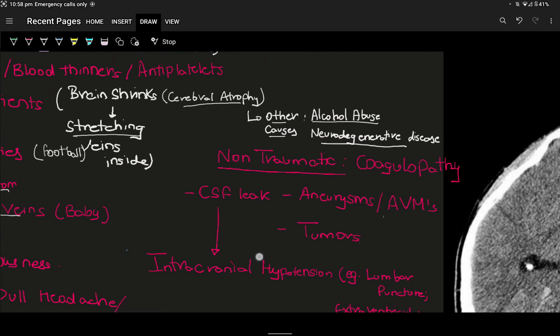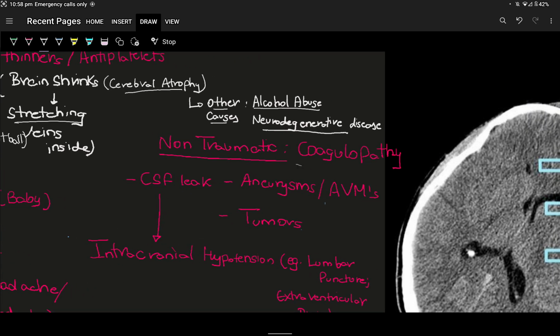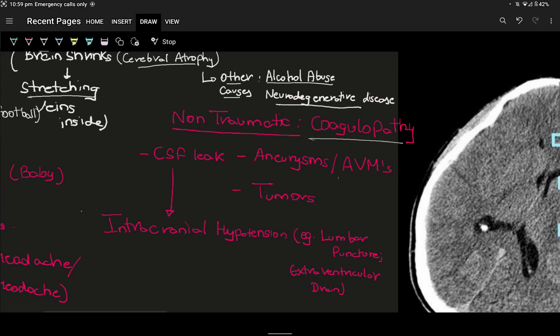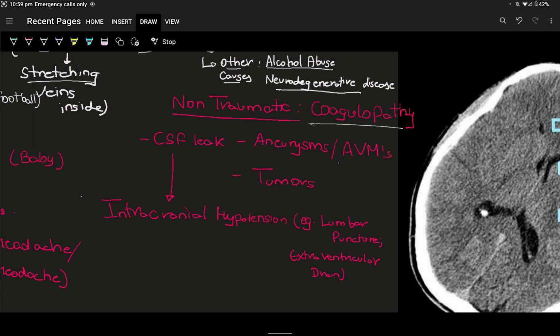Some non-traumatic causes are coagulopathy due to inherited factor deficiencies, and CSF leaks leading to intracranial hypotension. An example is a lumbar puncture or extraventricular drain.